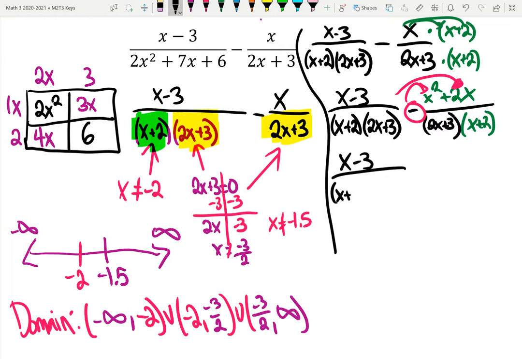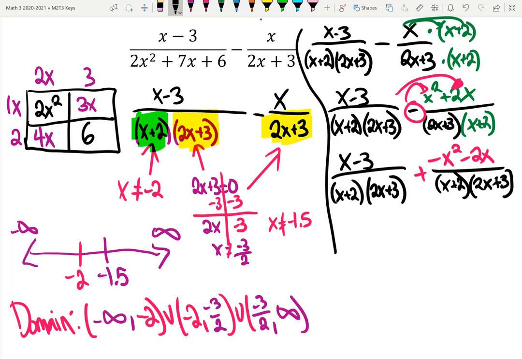And even though it seems like a pain, just by rewriting the left, we know it is all good to go. So we're going to go ahead and think of it as minus x squared minus 2x all over x plus 2 times 2x plus 3. It's legal. If I multiply, I can switch the order. 3 times 2 is the same as 2 times 3.